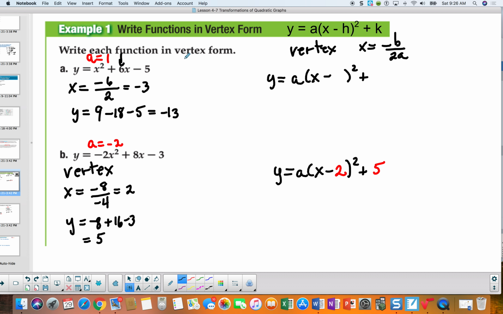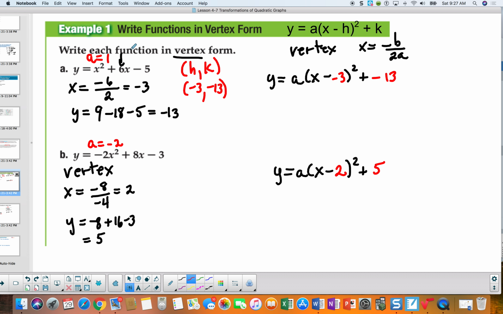So now we know our vertex, and when we find our vertex, we can put our h, which is the x-coordinate of our vertex, right here. So we have h, k, and our h is negative 3, and our k is negative 13. So I'm going to put negative 3 here, and I'm going to put negative 13 here.